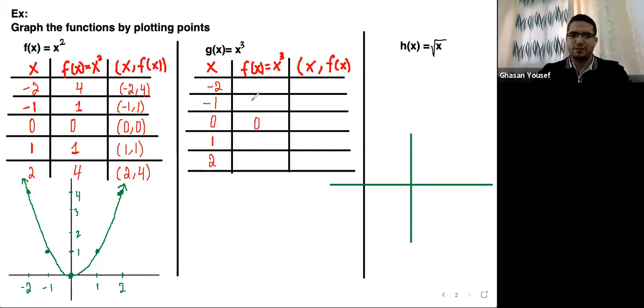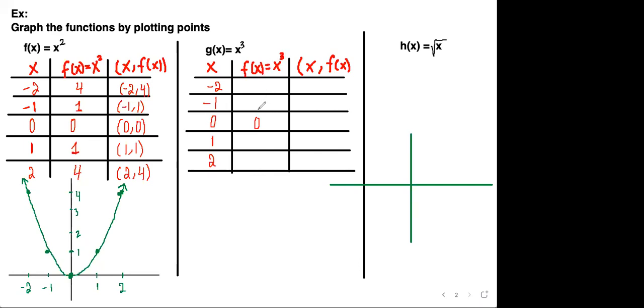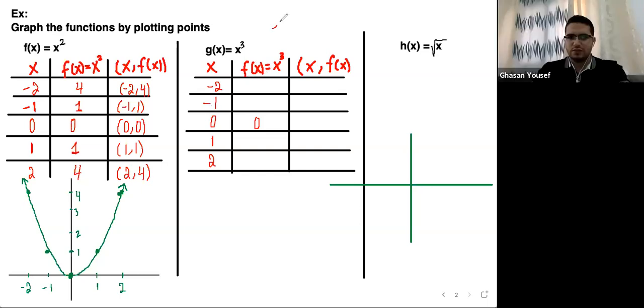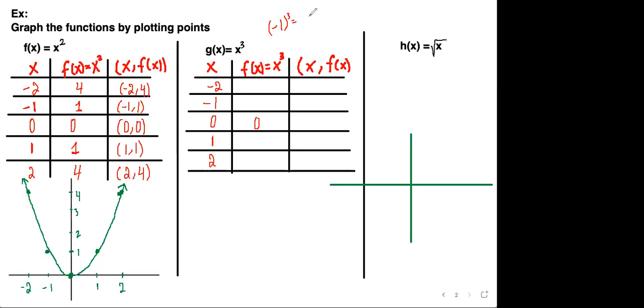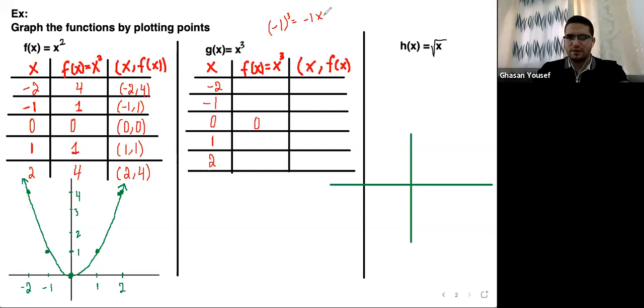What about -1 when I plug it inside the function? -1 to the power 3 will be -1. This is correct because -1 times -1 times -1: -1 times -1 is 1, and 1 times -1 is -1.